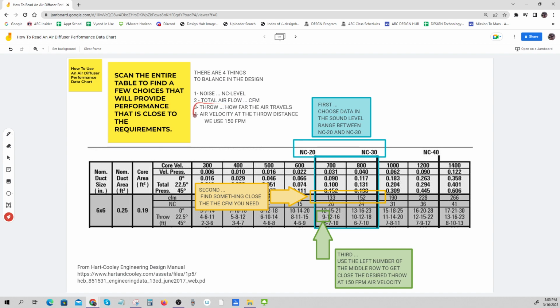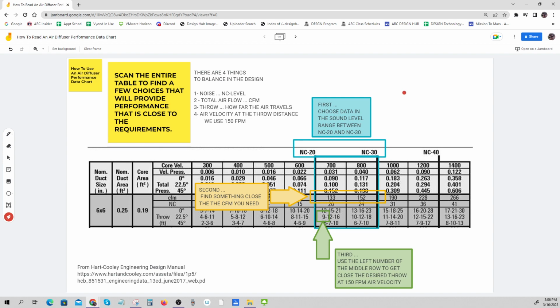Again, attack the noise level, find some samples that have near the correct CFM, and now we have to balance 2 of these at once. Throw: how far does the air travel from the air terminal at 150 feet per minute? It comes out very fast, like 700 feet per minute, but then it diffuses and spreads out. By the time it's slowed down to 150 feet per minute, this one will have gone 9 feet.